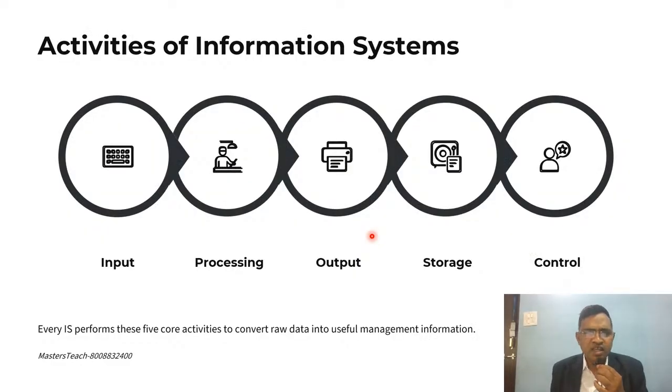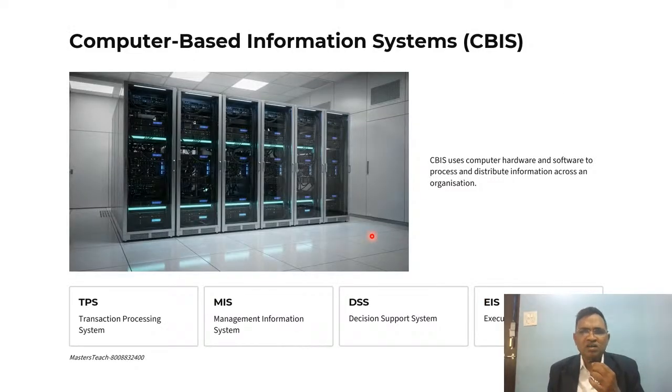Then, what are the activities of an information system? It is very simple: input, process, output, storage, and control. This is the information system, IS. Then computer based information system, CBIS. These are the servers where the information is stored.